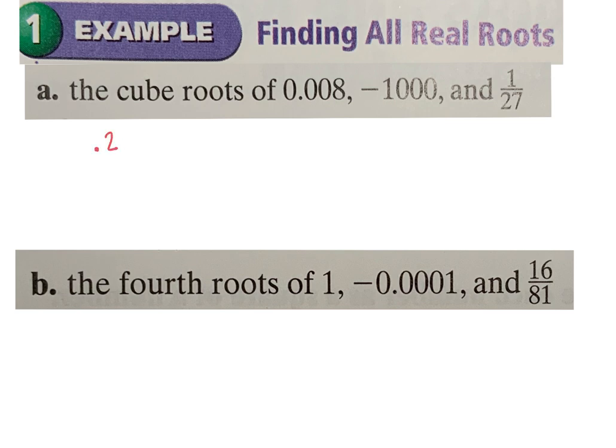All right? When you look at something like negative 1,000, because it is a negative, that's okay as long as it is a cube root, because 3 negatives are possible to multiply and get a negative. When you have something with zeros, a good rule of thumb is to look at the zeros. I have 3 zeros here, so I'm going to multiply something with 1 zero each, because that's how multiplication works with zeros.